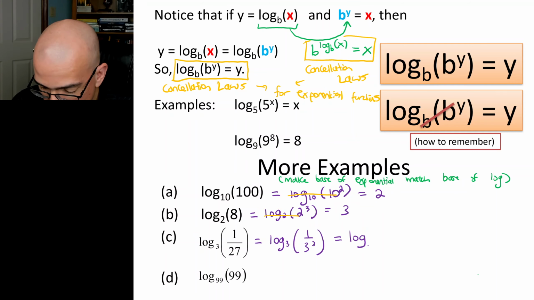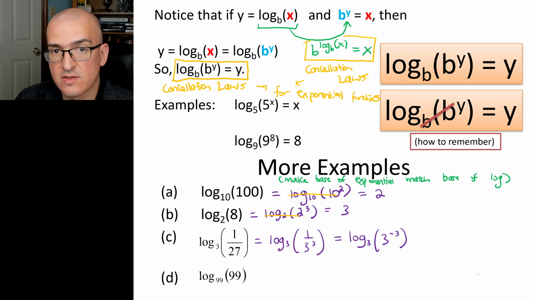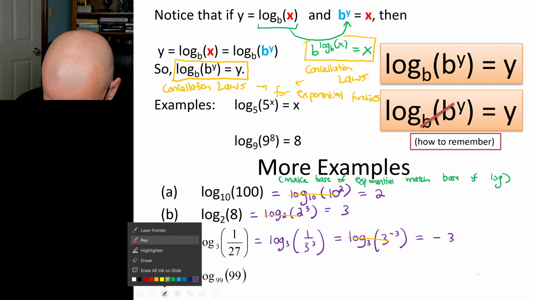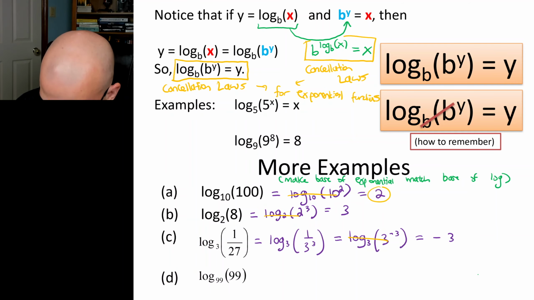But if I use another law of exponents, I can write this as 3 to the power of minus 3. Positive power of the denominator becomes a negative power of the numerator. And now I can use the cancellation law. I just get negative 3. And I'll circle those answers: 2, 3, negative 3.